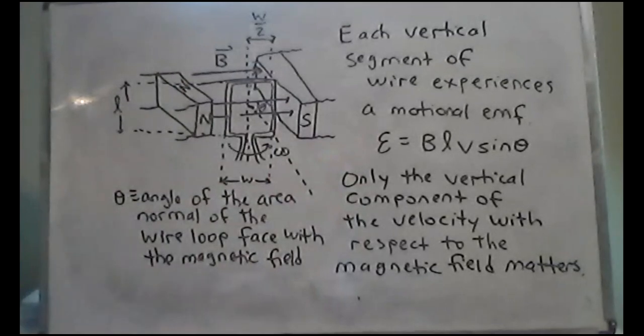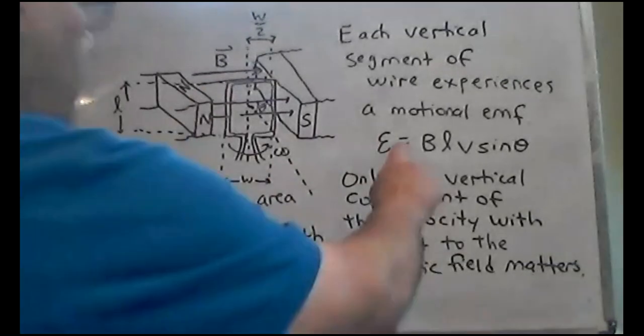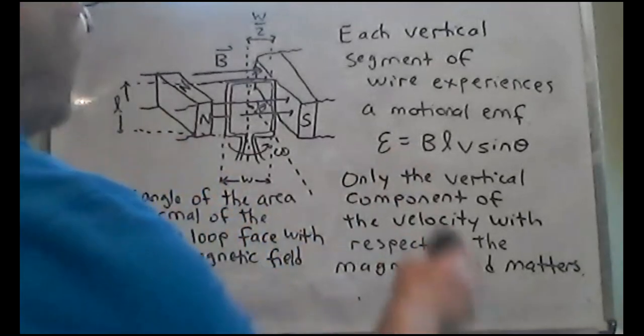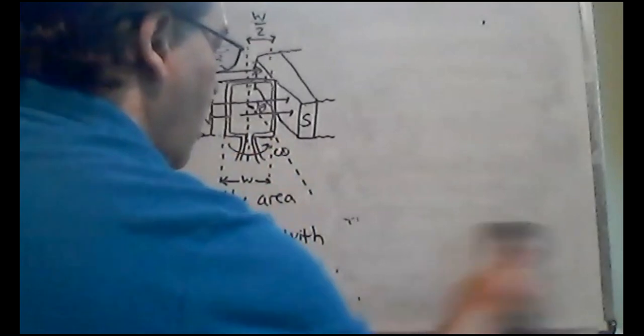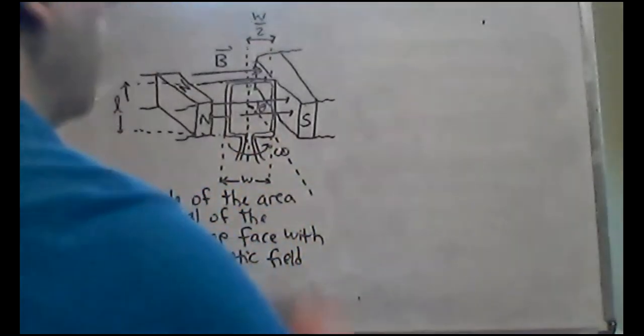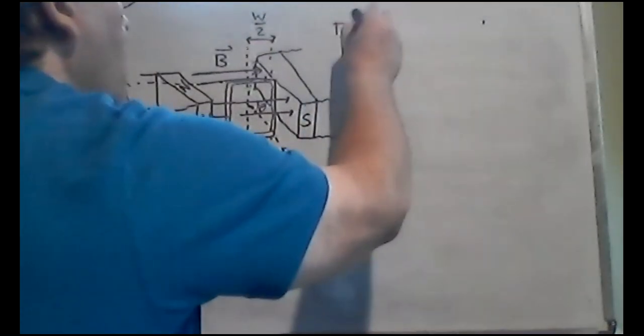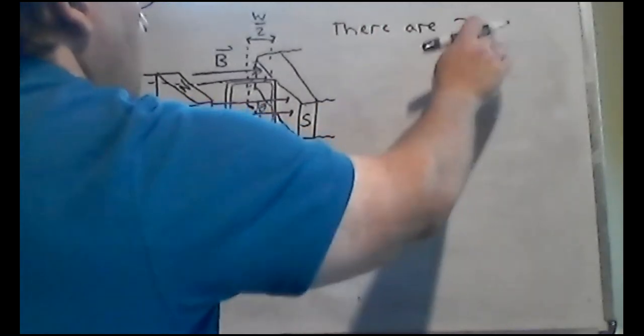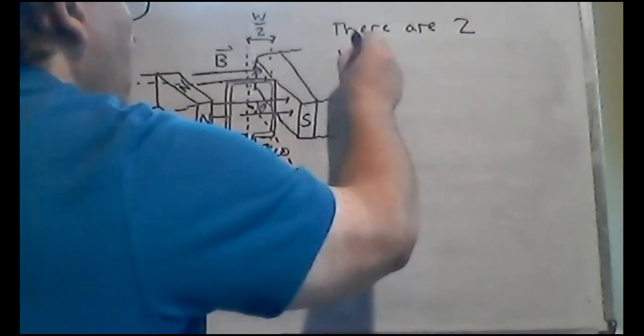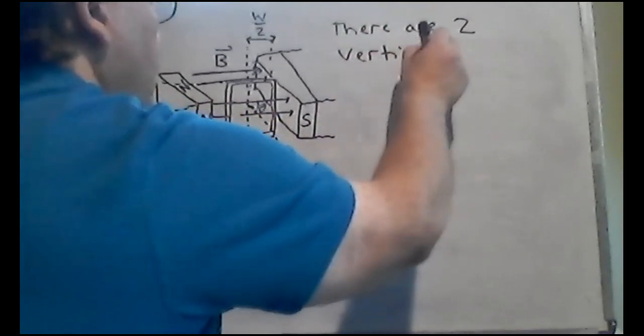Now that's just one segment of wire. I have right and left, right? So I have to multiply this by 2 to make up for the fact that I have 2 vertical segments of wire. Each of them is going to contribute in the same way, left and right.